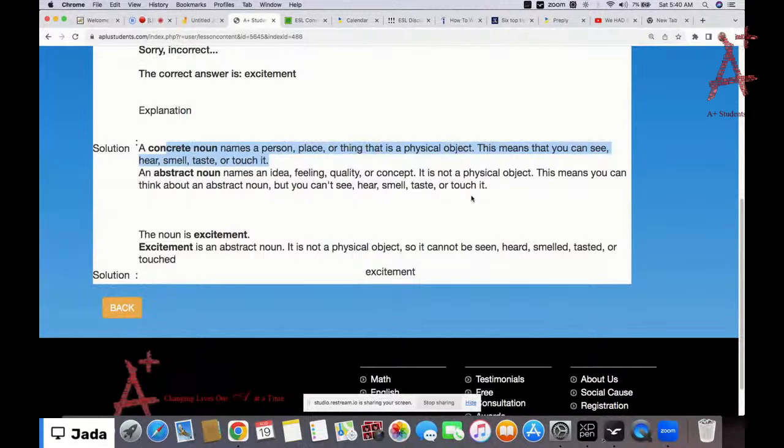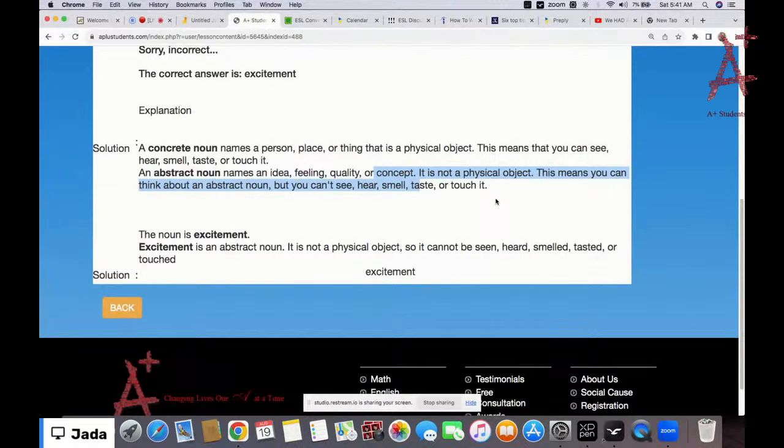But then the abstract noun names an idea, feeling, quality, or concept. It is not a physical object. You cannot feel, hear, touch, or taste it. So now the abstract noun is totally different from the concrete noun, because the abstract is what? Naming your feelings, how you feel about something. And it's not something that you can see and touch. All right, so that's the difference.